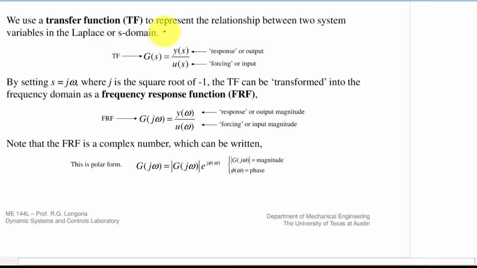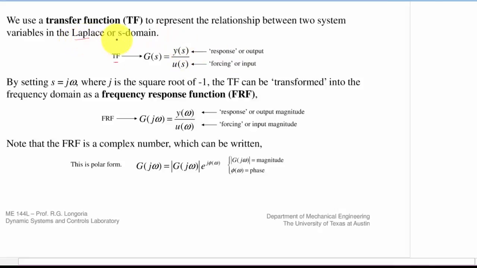Now, a transfer function is defined as a relationship between two system variables, and it's a property of a system, right? This transfer function I'm expressing here as TF is the ratio of the response of the output to the input, and it's in the S domain.